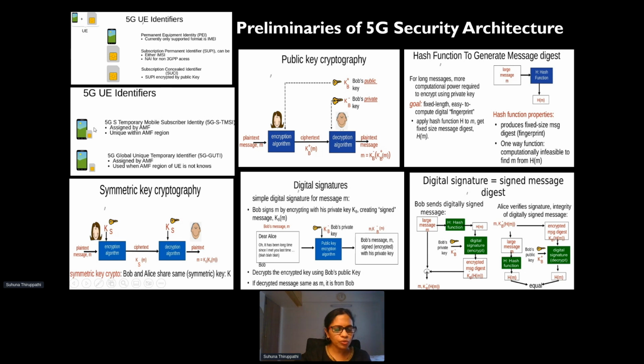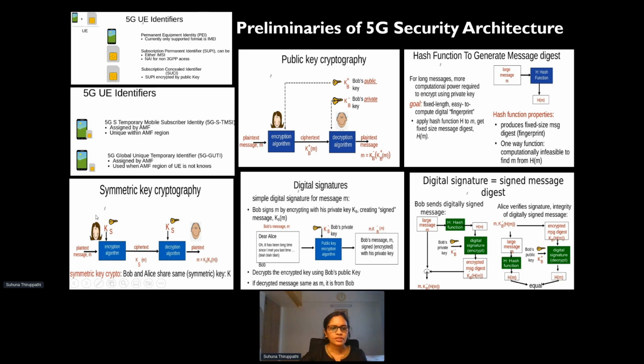When the user equipment moves from one location to another, the visited AMF assigns this temporary identifier to the SIM. And there is another identifier, the 5G GUTI, the 5G Globally Unique Temporary Identifier, which is also assigned by the AMF. This identifier is used when the AMF region of the UE is unknown.